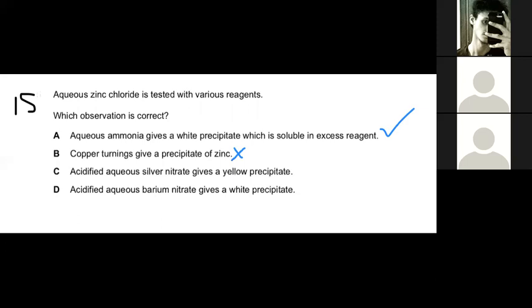C, acidified aqueous silver nitrate gives a yellow precipitate. This is wrong because silver chloride, which will be formed, is a white precipitate, not a yellow precipitate. In D, acidified aqueous barium nitrate gives a white precipitate. This is again wrong because barium chloride and zinc nitrate both are soluble, so there will be no precipitate. So A is the correct option.